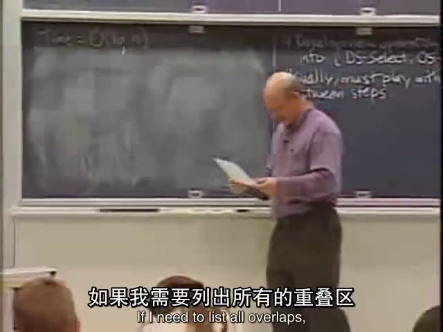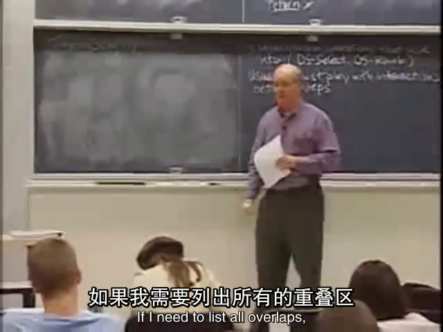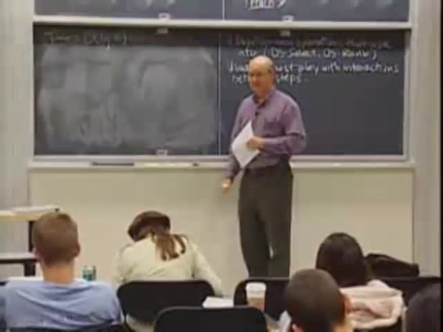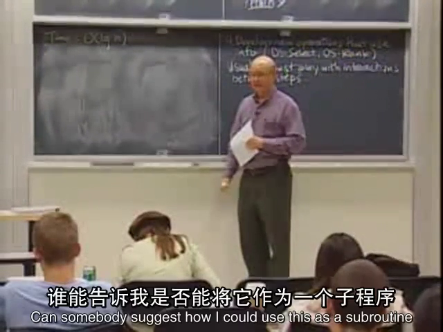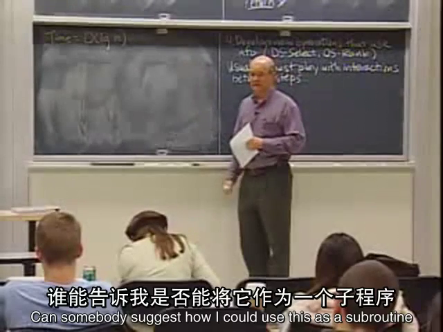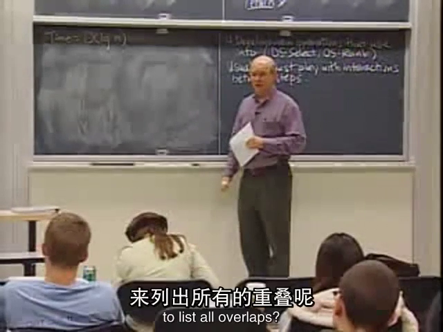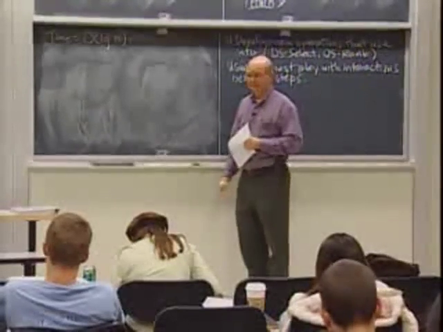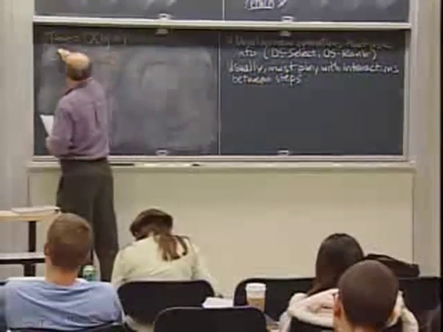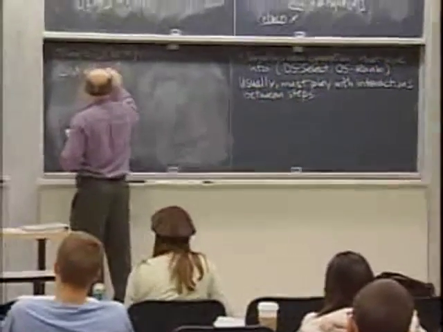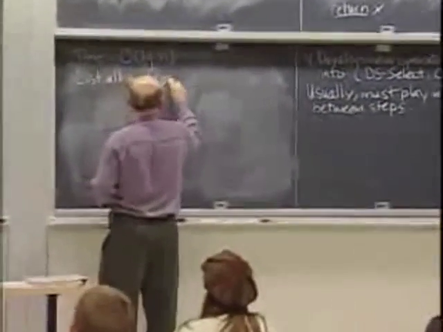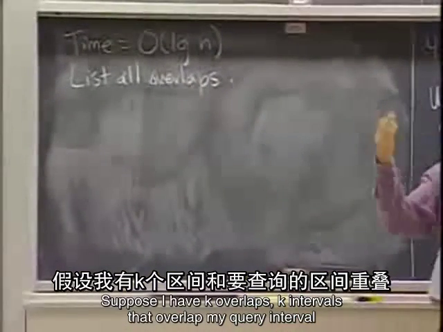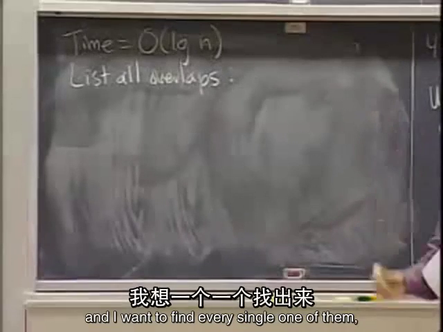If I need to list all overlaps, suppose I want to list all the overlaps, how quickly can I do that? Can somebody suggest how I could use this as a subroutine to list all overlaps? Suppose I have k overlaps, k intervals that overlap my query interval, and I want to find every single one of them.